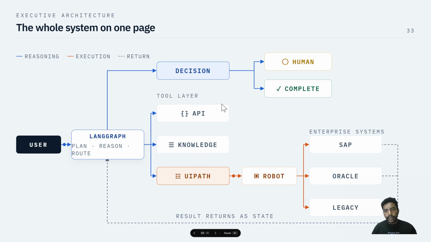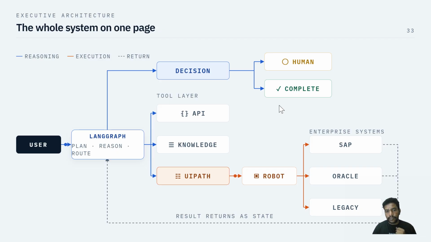So anyone reading this diagram can immediately see which part of their organization owns which part of the system. UiPath appears as one tool amongst several rather than as the whole execution story, which is exactly how you want this picture to look when you present it to your internal team.